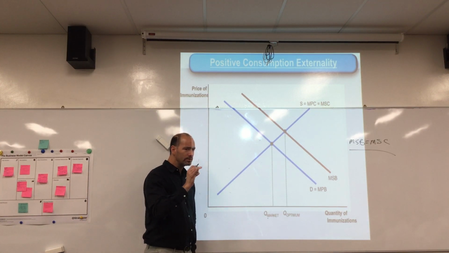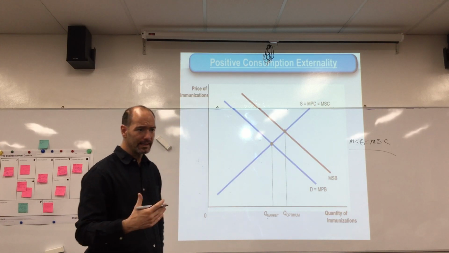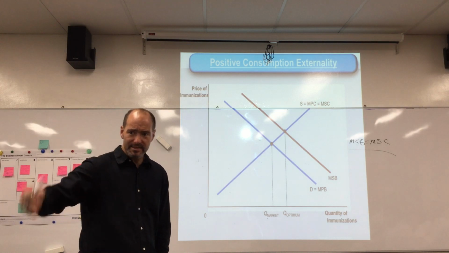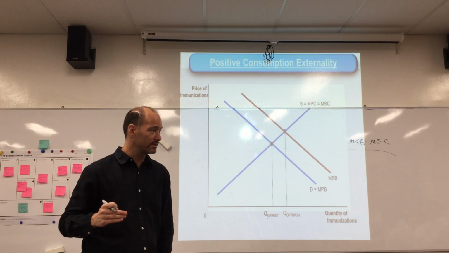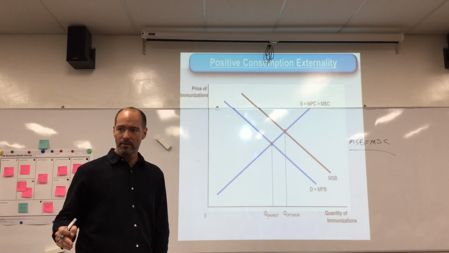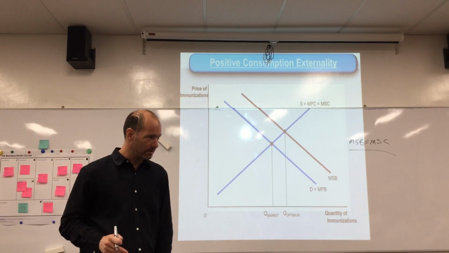But I also ensure that other people, who would get sick if I got sick because I hadn't taken the immunization, won't get sick. So they benefit because I consume the good, even if they don't consume the good.